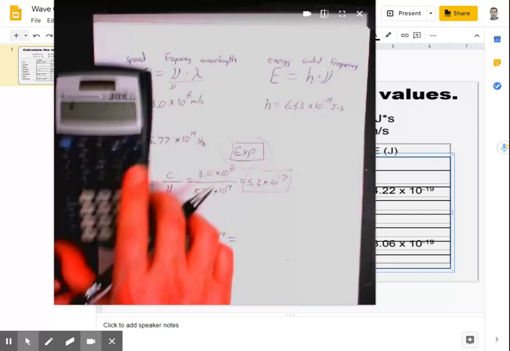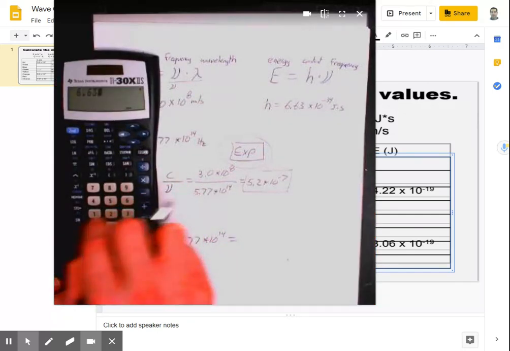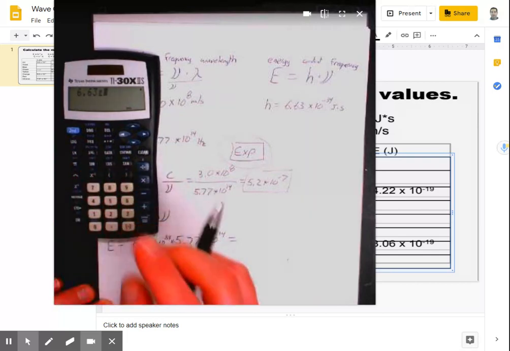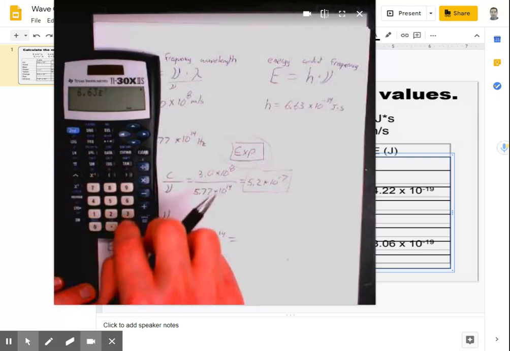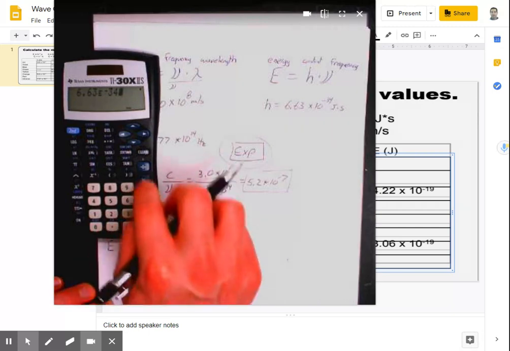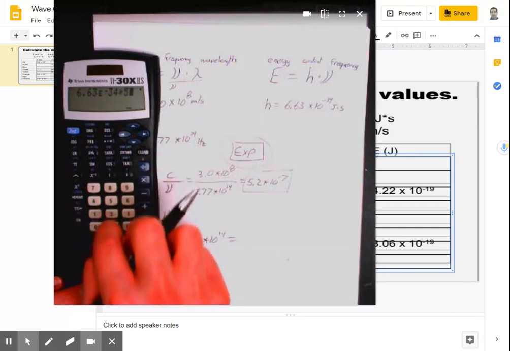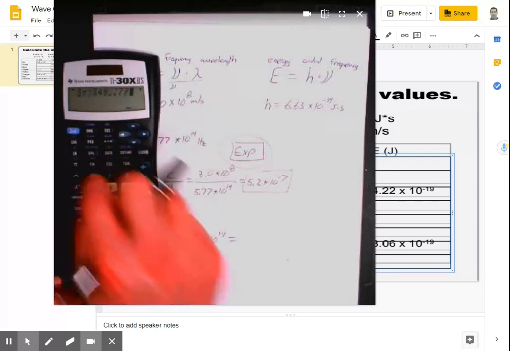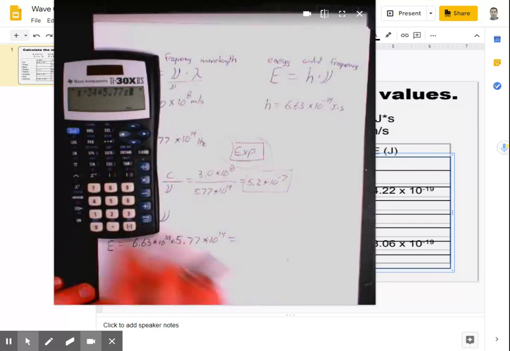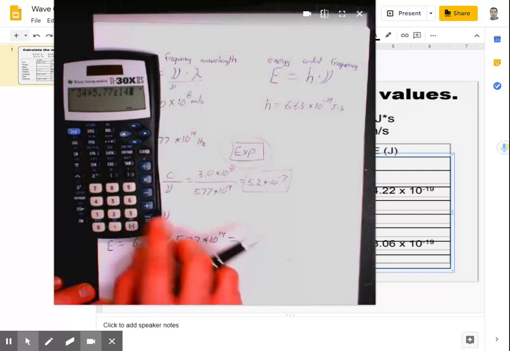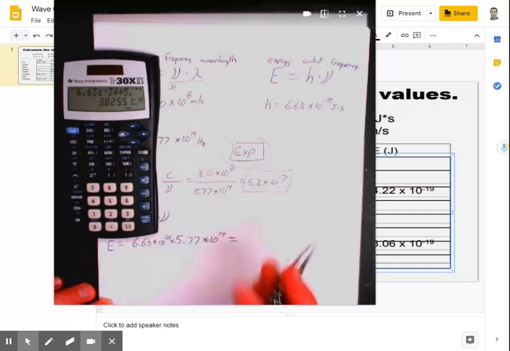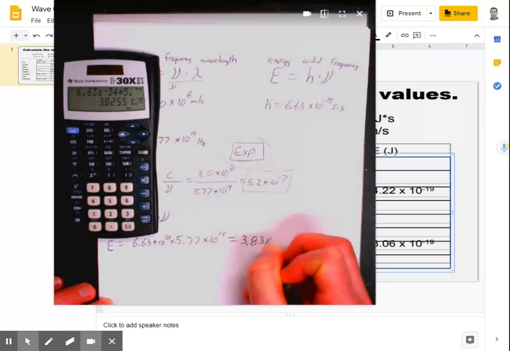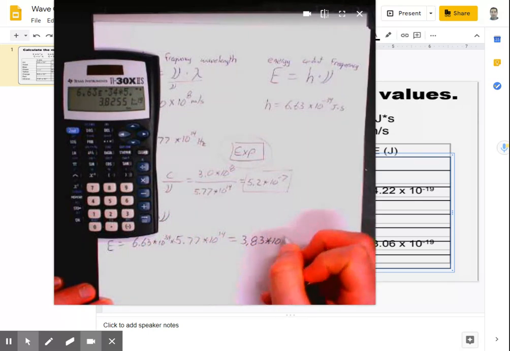So here, I will do 6.63 second function. It's still the button above the 7, negative 34. And then we're going to multiply by 5.77. Second function, that button, and then 14. And so if you hit enter, it will tell you 3.83 times 10 to the minus 19.